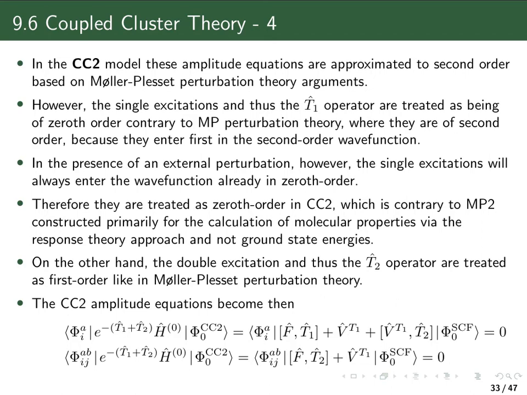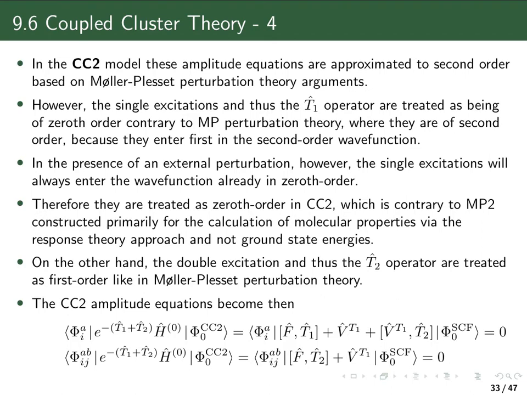So if one looks at the CC2 amplitude equations, the equations for the single excitations are the same. It's the equations for the double excitations which are reduced or approximated compared to the CCSD equations.